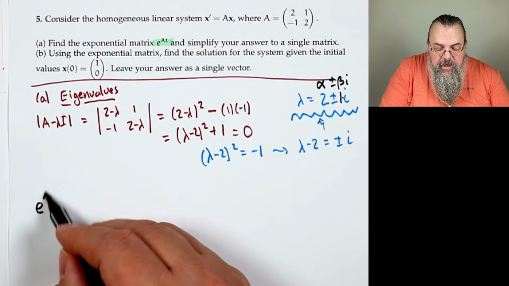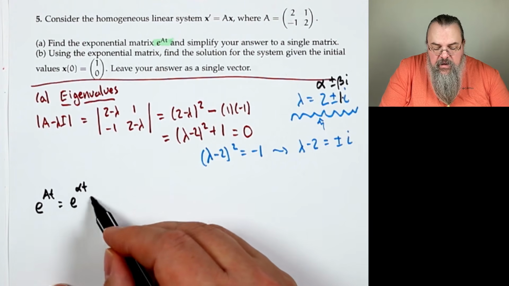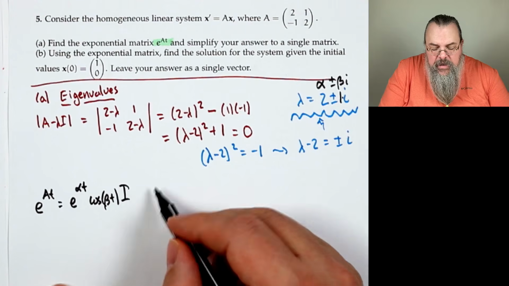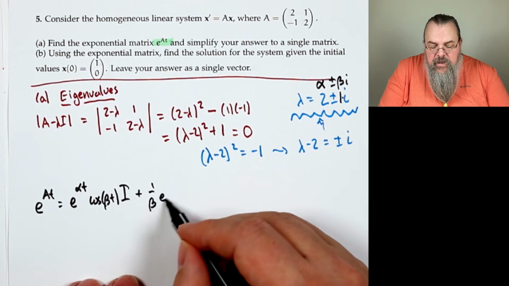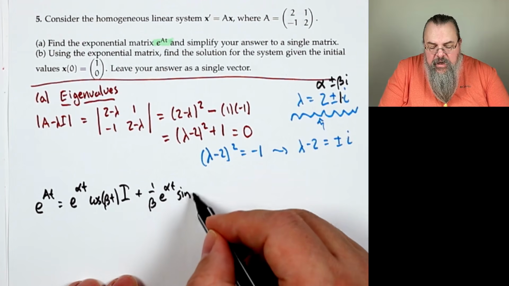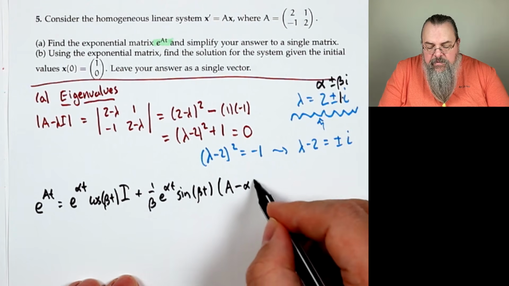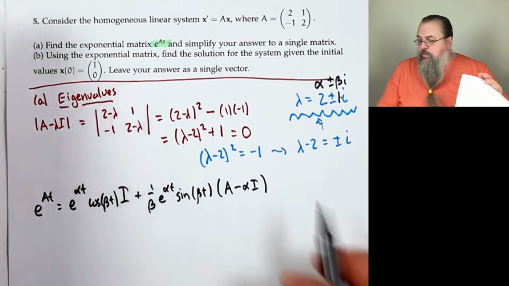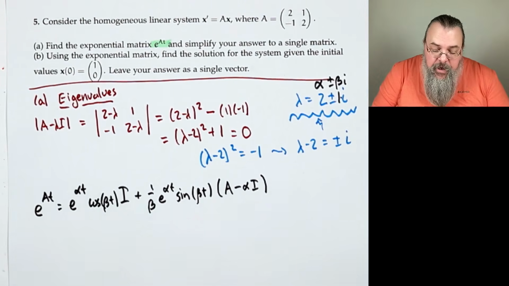We have that e to the at is e to the alpha t cosine beta t times the identity plus 1 over beta e to the alpha t sine beta t times a minus alpha I. Okay, so put this away. Maybe we'll use it again. Who knows? We still have another problem.